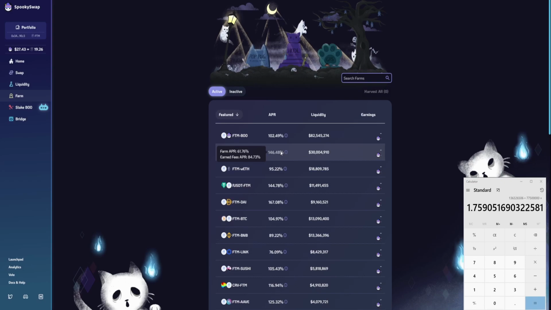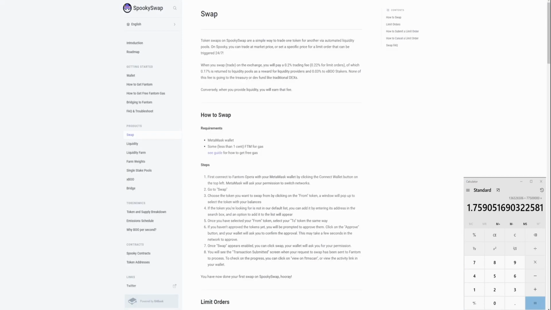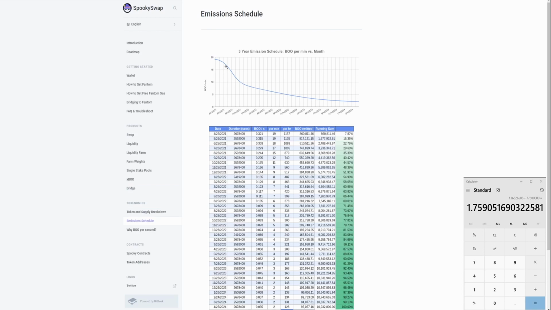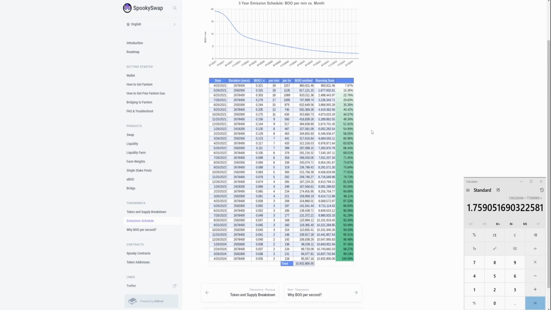So the exchange has the token, Boo token, and the Boo token is inflating constantly. And you can go and look at that in the docs. I'll take you there. You can go to the emission schedule, and it'll show you that over time, the emission schedule will inflate the supply of Boo token until the end of the inflationary period. So it ends on April 25th, 2024.